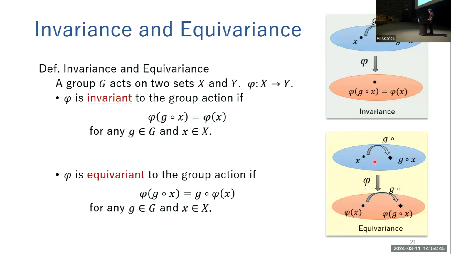In this case, if X is mapped to some element, then the new point given by the group action is mapped to an element which is given by the group action of the same element on the mapped data point phi of X. So mathematically, equivariance is defined in this way.